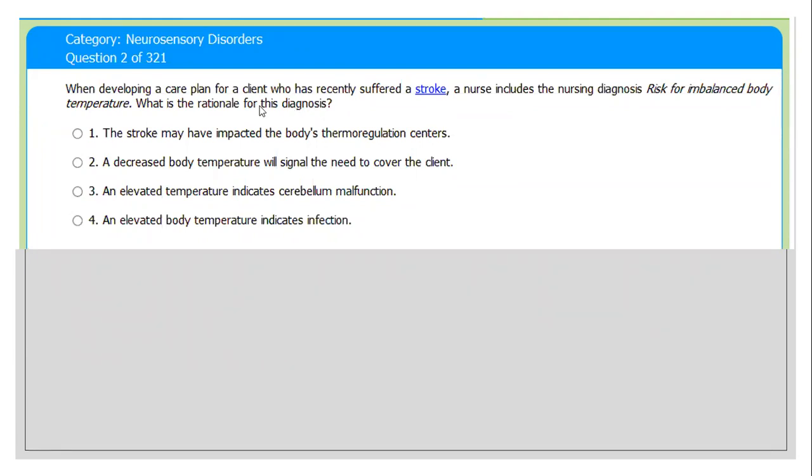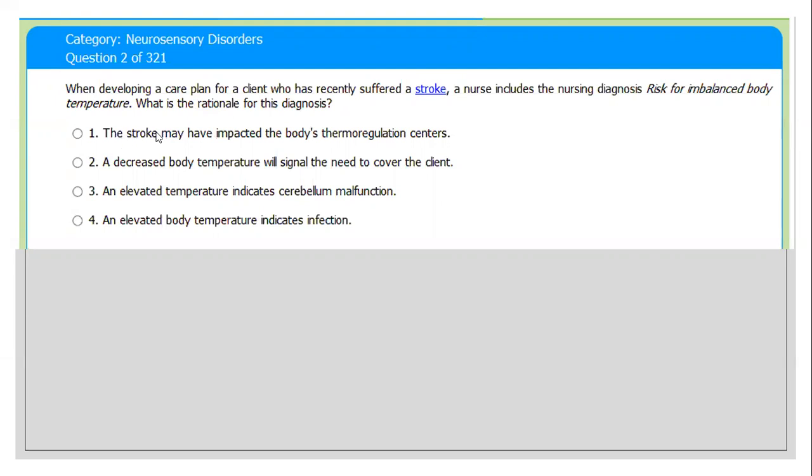The examiner is asking about a care plan for a client who was recently attacked by a stroke. Actually, stroke is also known as cerebrovascular accident, or CVA.